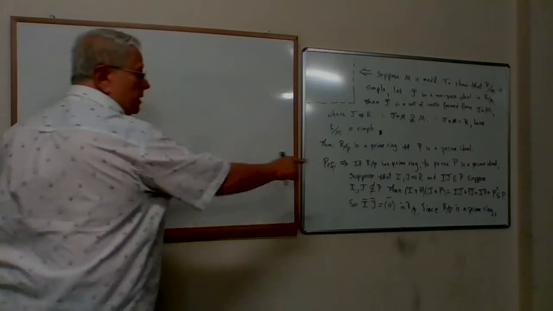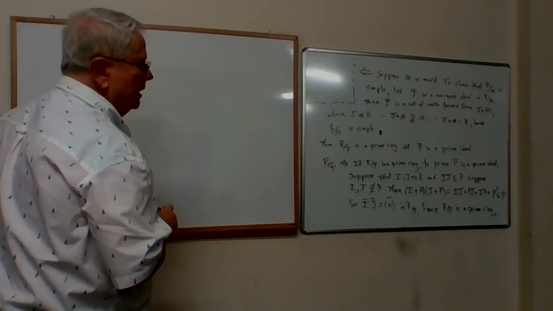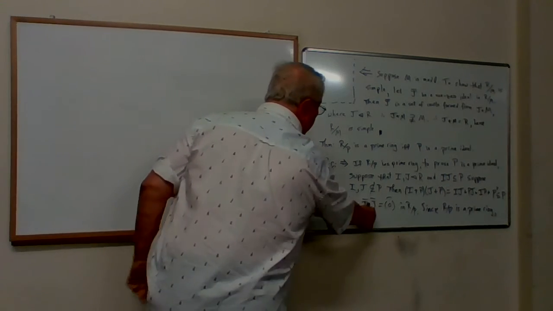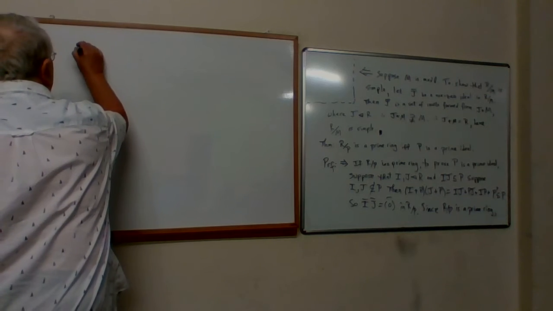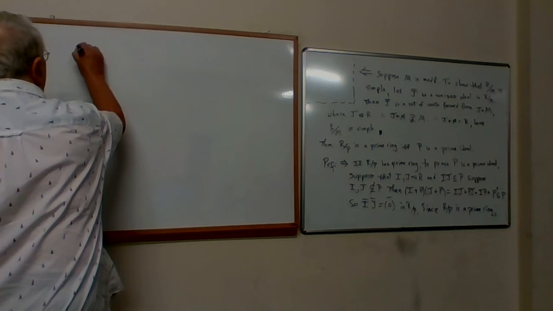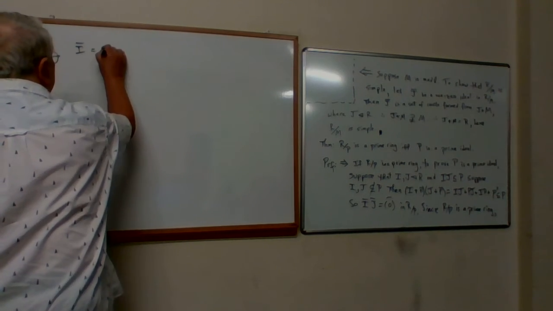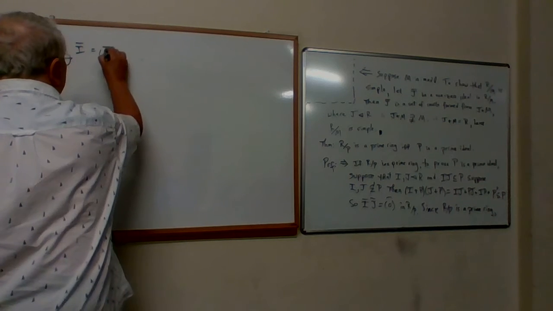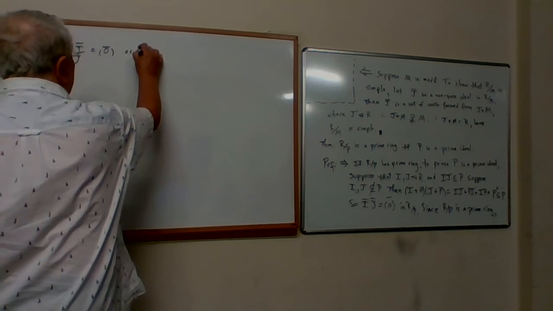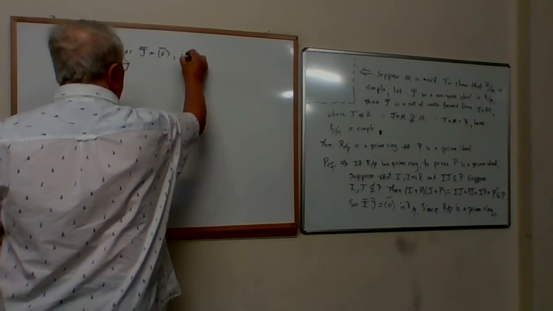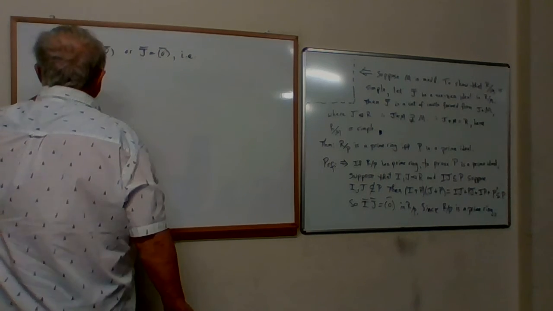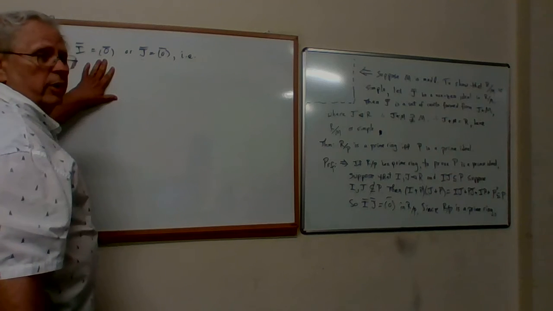So, since R mod P is a prime ring, and the product of these two ideals is 0 in that prime ring, then either I bar equals 0 bar, or J bar equals 0 bar, i.e., now what's the 0 in R mod P?